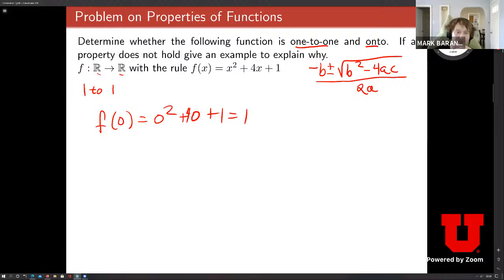And f of negative 4 is equal to negative 4 squared, 16, minus 16 plus 1, and that's equal to 1. How did you find that?